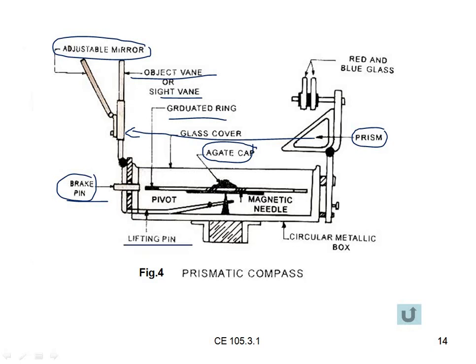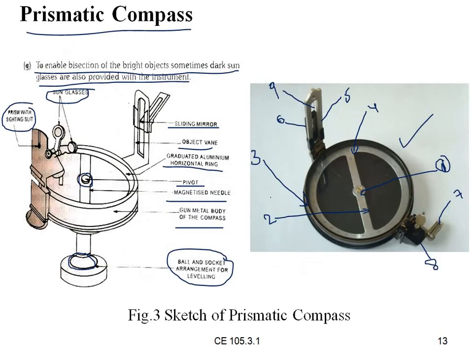And this is the lifting pin. If the needle is down, operating the lifting pin will move it up. And this is the circular metallic box, the bottom portion. This bottom portion is called the circular metallic box, number 10.